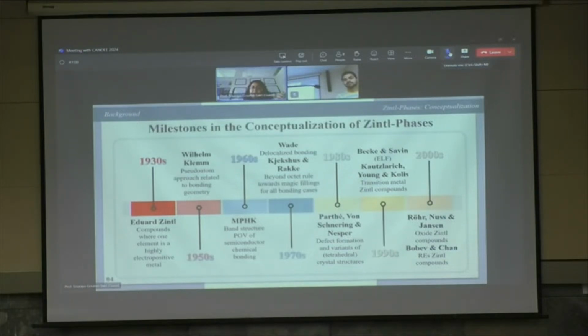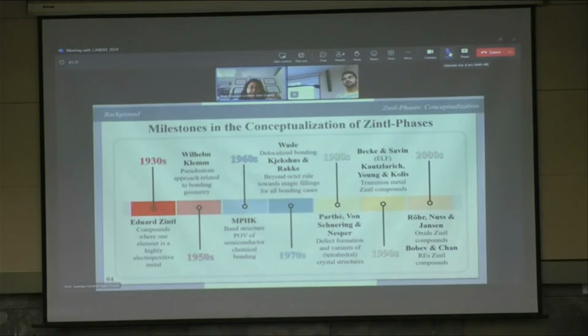We found some Zintls that are semiconductors, and they were very well tested. So until now, I think there is Sabin, who did ELF, the electron localization function, to see how the electrons are localized around the transition metals in the Zintl compounds. Of course, before there were works related to defects, and whether we can create variants when we are building a structure.